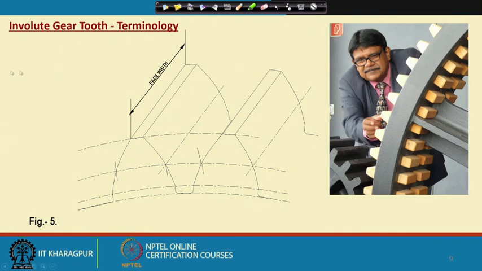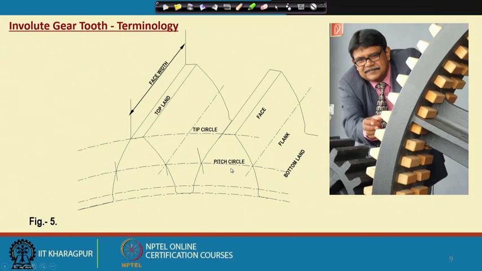This width, from one side of the gear to the other side, is called face width. Now, this portion is called top land, and this circle is called tip circle, or as I mentioned earlier, addendum circle. This surface is called face, and this portion below the pitch circle is called flank. This portion is called bottom land. This circle is called pitch circle.